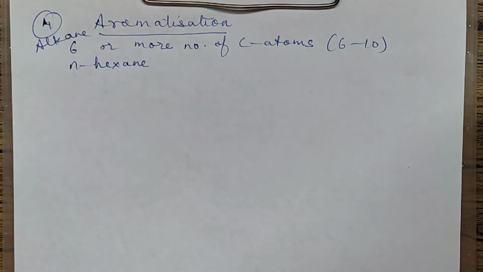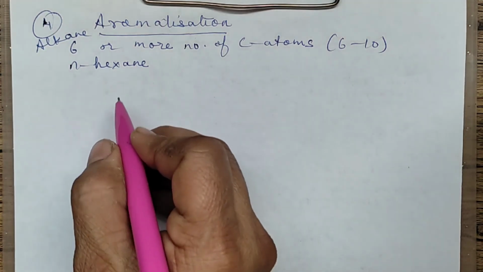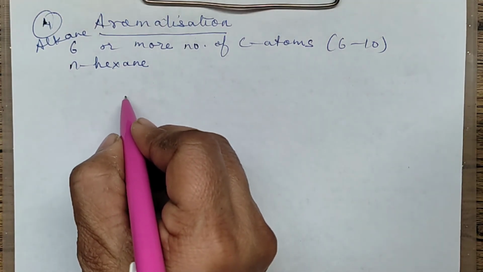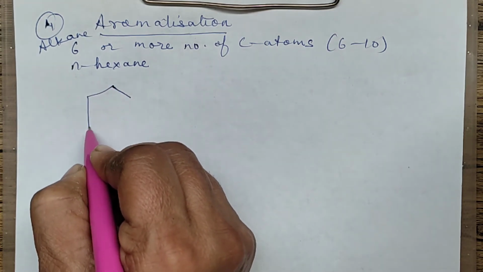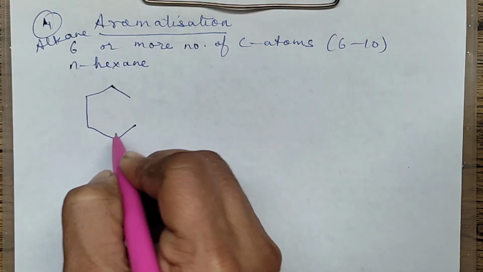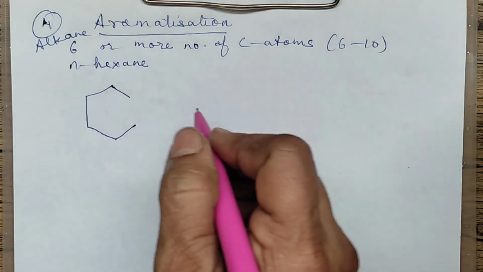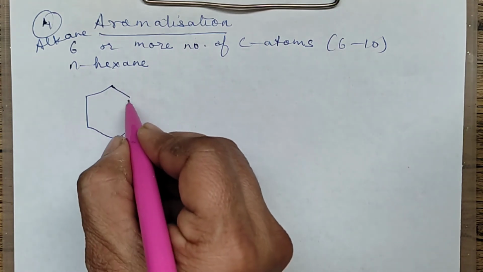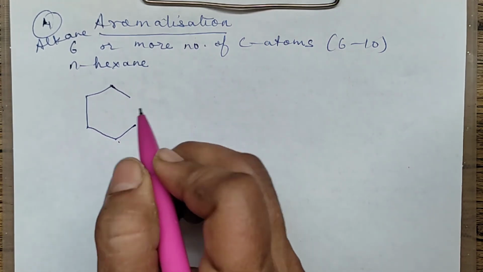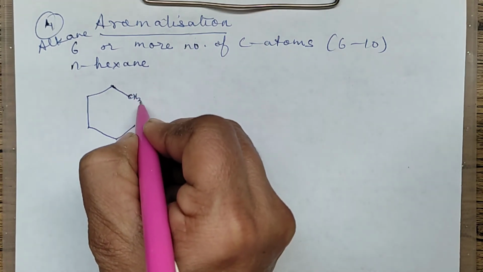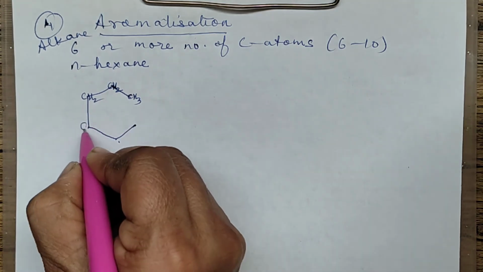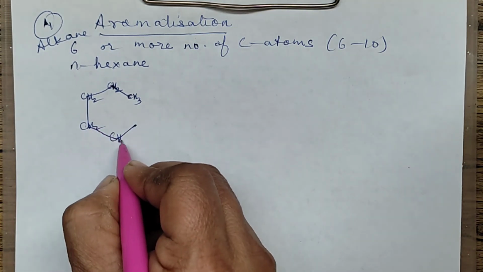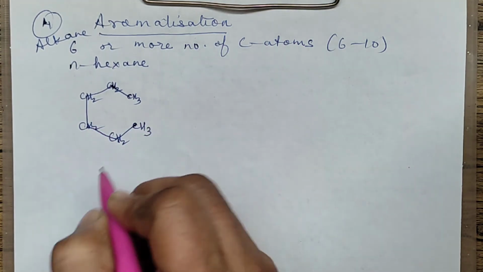Let me explain with the example of normal hexane. I am writing normal hexane particularly in this form so that you are able to relate to benzene, right? This is 1, 2, 3, 4, 5, 6 carbon atoms. This is CH3, this is CH2, this is CH2, you have CH2, this is CH2, and the terminal one will have CH3.